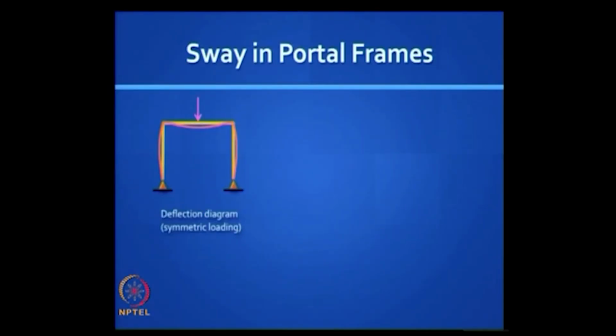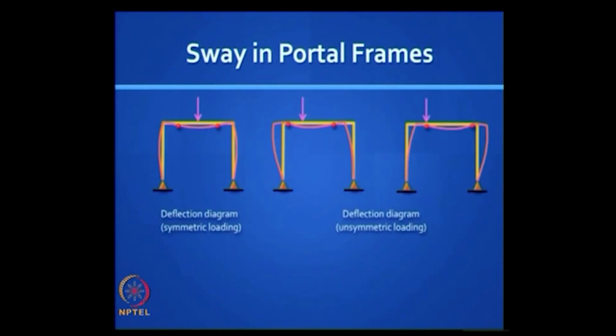If the loading is slightly eccentric, you have an asymmetric loading, then the question I want to ask you is, is it going to sway to the left or is it going to sway to the right? What is your hunch? To the right. Did we discuss this earlier?